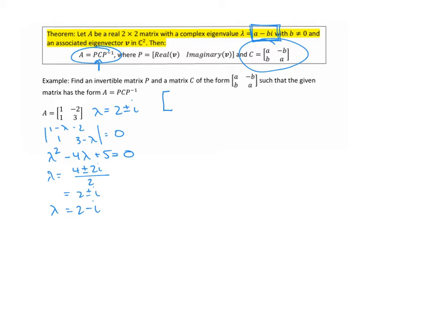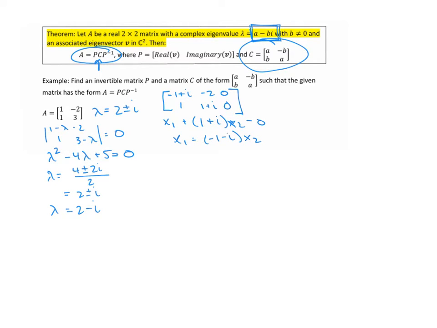Otherwise, I'm going to have my matrix. If I take 1 minus (2 minus i), I get negative 1 plus i. Then negative 2, 0, 1, and 3 minus (2 minus i) gives me 1 plus i. If I look at this bottom line, the equation x1 plus (1 plus i) x2 equals 0, so x1 is going to be negative 1 minus i, x2.